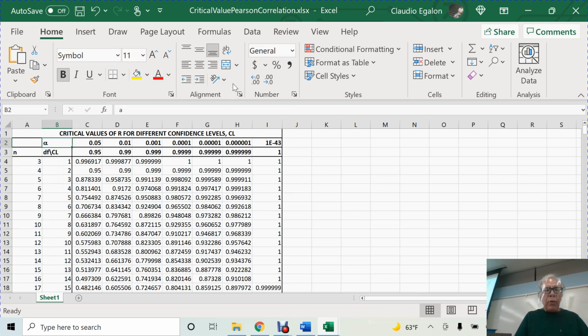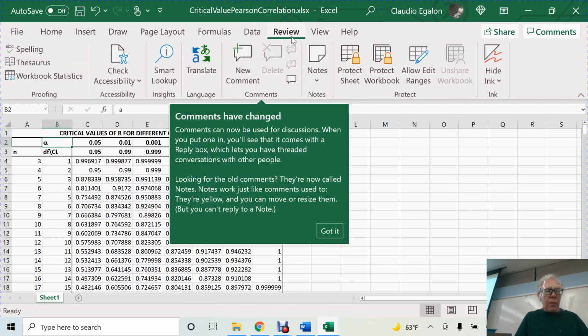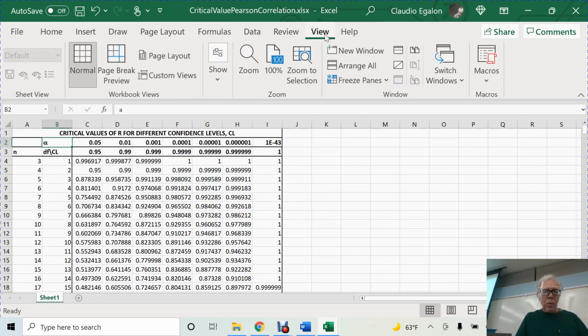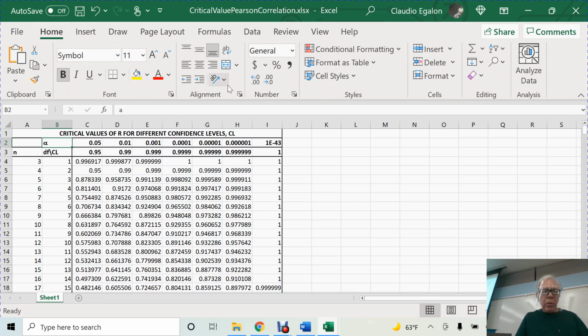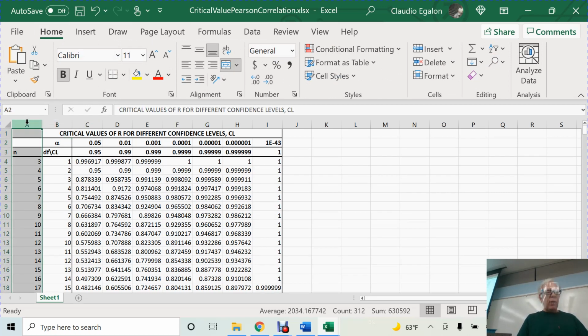I want you to understand this table. You gotta learn how to use this table. Okay, here you go. You have the data for n. See that? 3, 4, 5, 6, 7, 8, 9, 10. It starts at 3. N starts at 3.